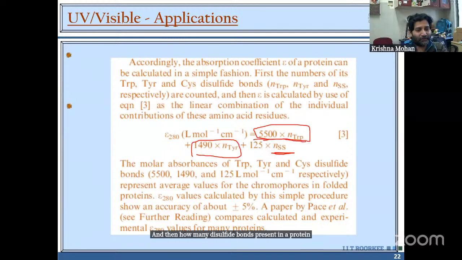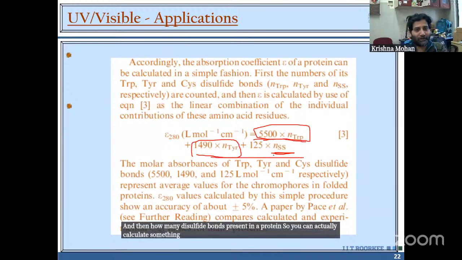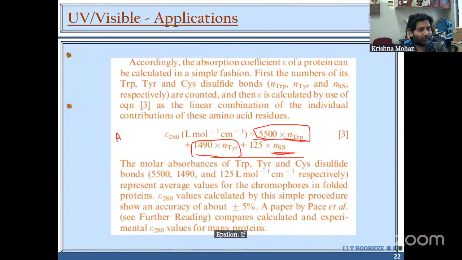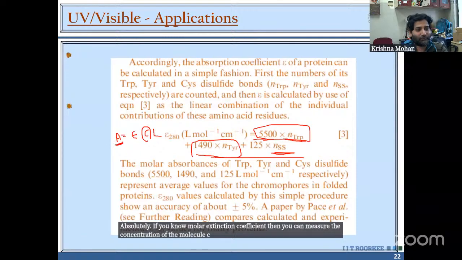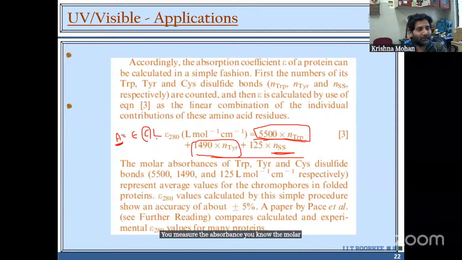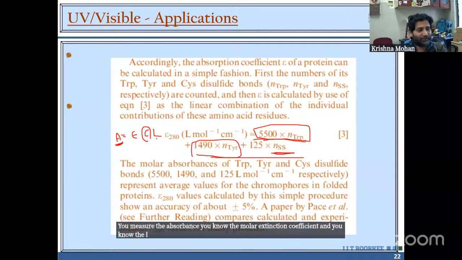So you can calculate something called the molar extinction coefficient, epsilon. If you know the molar extinction coefficient, you can measure the concentration C by measuring the absorbance. You measure the absorbance, you know epsilon, and you know L, which is the path length. C equals A by epsilon L, and you get the concentration.